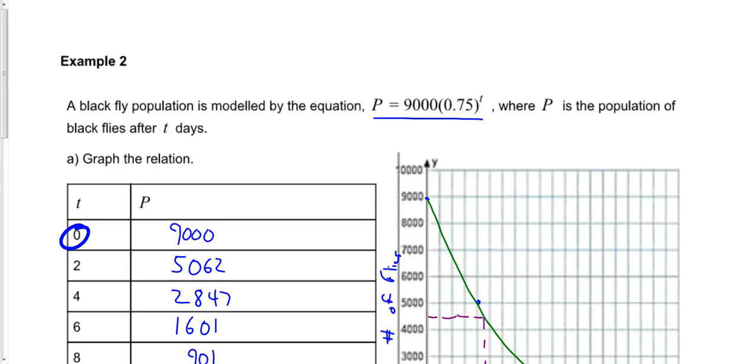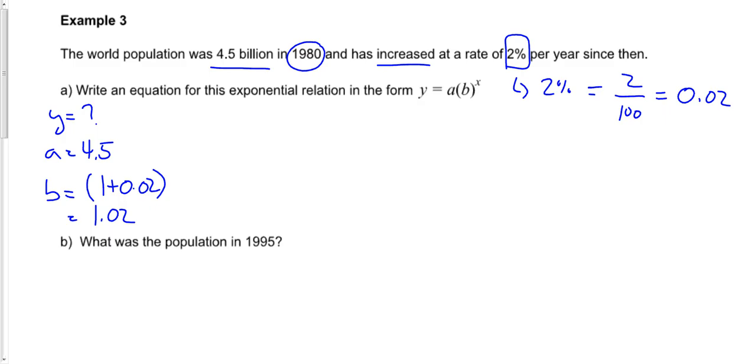Okay, so in this case, our equation is actually y is equal to 4.5 times 1.02 to the exponent x, where x is the number of years that have gone by since 1980, or since the initial value. Okay, so that's going to be our formula.